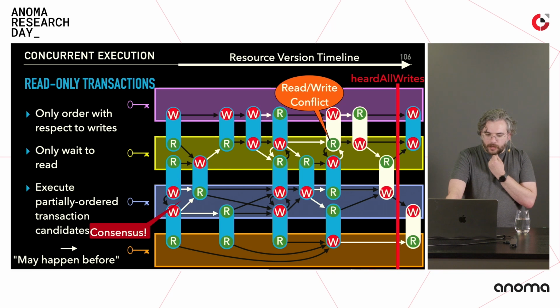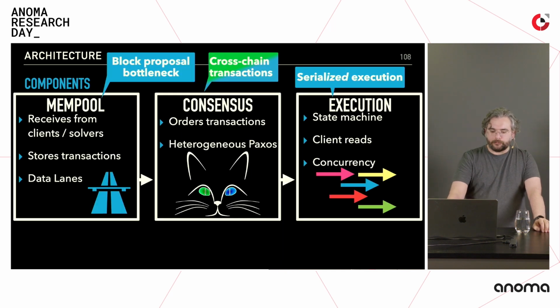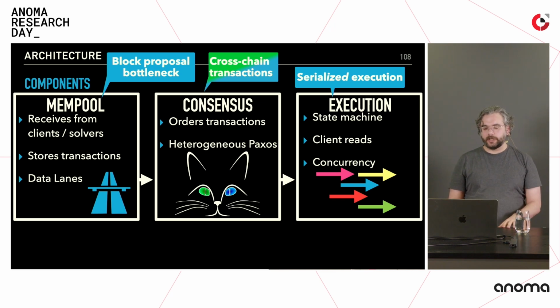So I want to talk a little bit about how we implement this concurrency in terms of software processes. Like I said, our big inspiration for this setup is Calvin. And primarily here we're talking about how we pass this partial order information and transaction candidate content from the mempool into the execution engine.